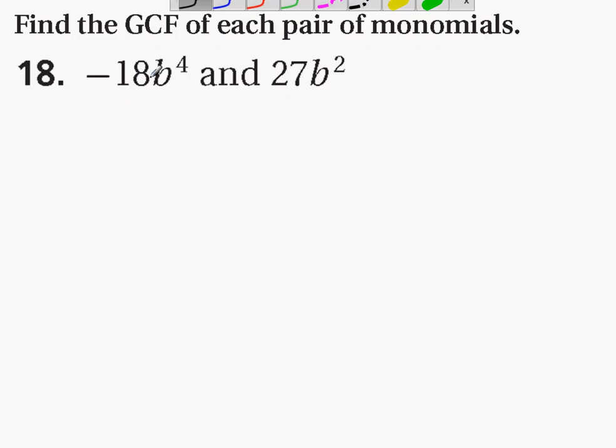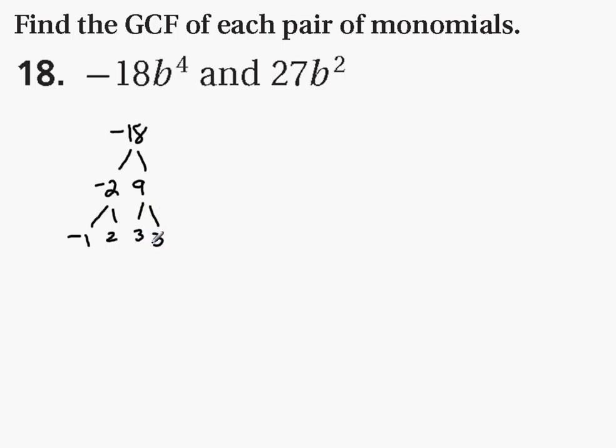So looking at negative 18, I'm thinking that negative 18 can be rewritten as negative 2 and 9. That can be rewritten as negative 1 and 2, and this can be rewritten as 3 times 3.